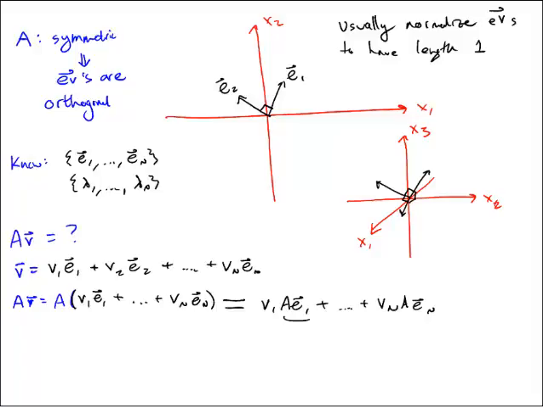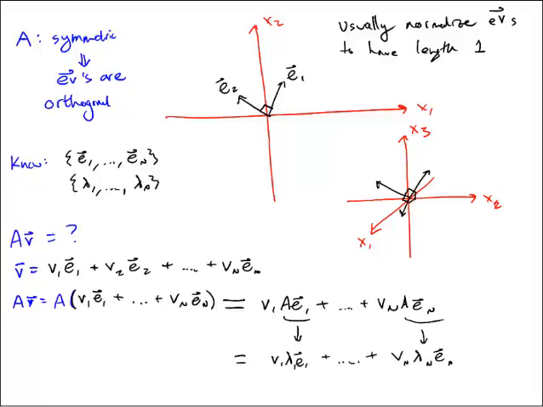But look at all these, A E1 and A E2. Since they're eigenvectors, we can replace those with lambda 1 E1, and so on, all the way up to lambda n En, and of course keeping the V prefactor out front. So, just like that, we have figured out what AV equals just by knowing the eigenvalues and the eigenvectors.